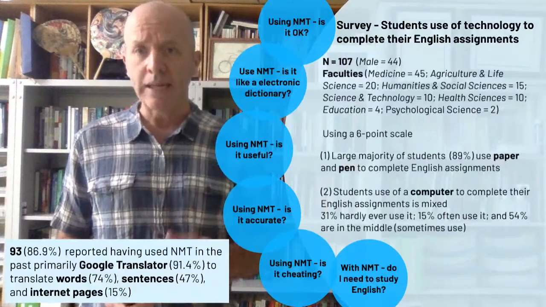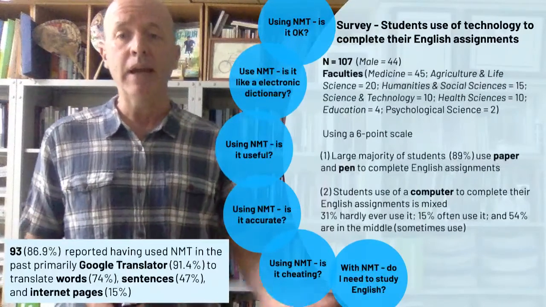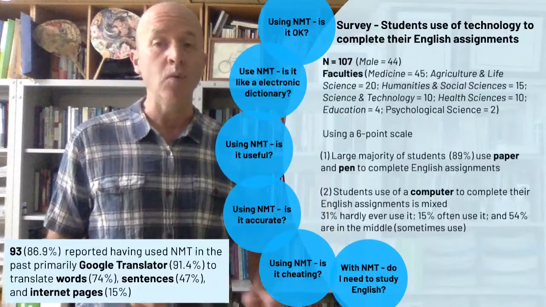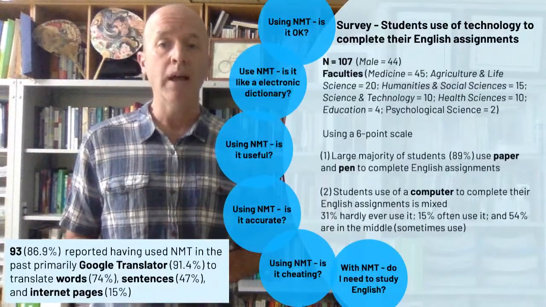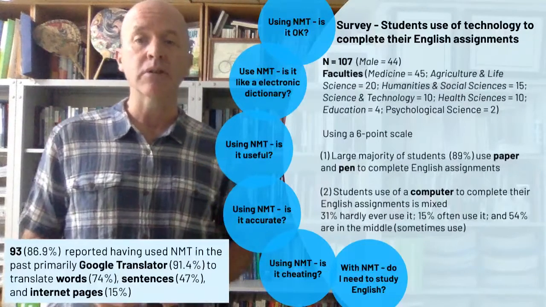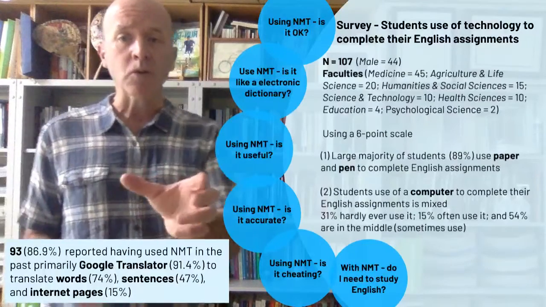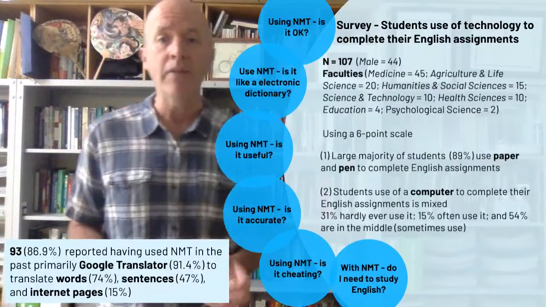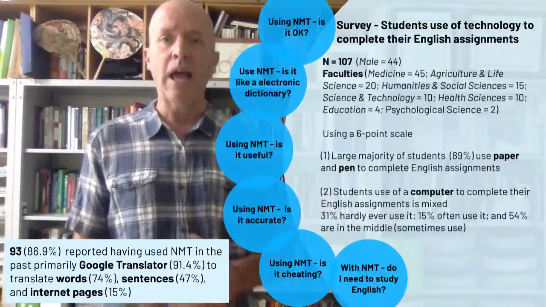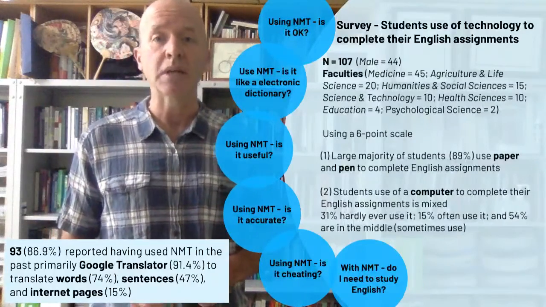About 87% reported using it, and mainly they have used Google Translate, mostly for translating words, sentences, and some also reported using it for translating internet pages. So of this group, 93 students, I then asked some follow-up questions about their attitudes and views of these machine translations.